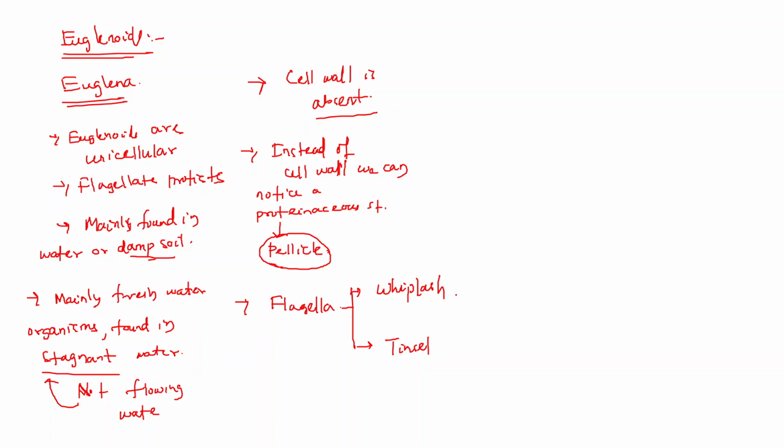Whiplash type means just a long structure on the body of the protist. But the tinsel type of flagella is a feather-like structure.